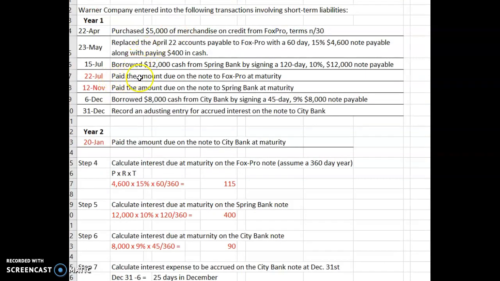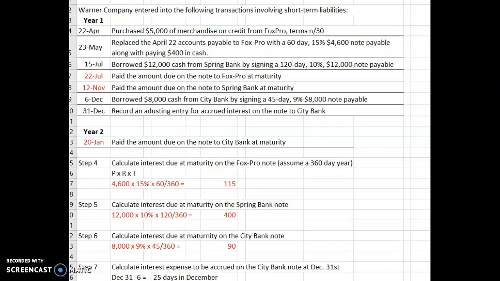On July 22nd, we paid the balance due on the Fox Pro note. We owe them $4,600 principal, and in our last video, we calculated that we also will owe them at the maturity date $115 of interest.